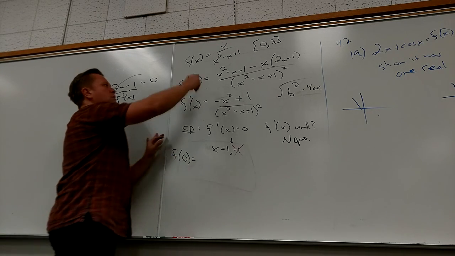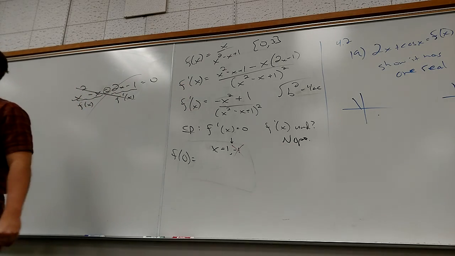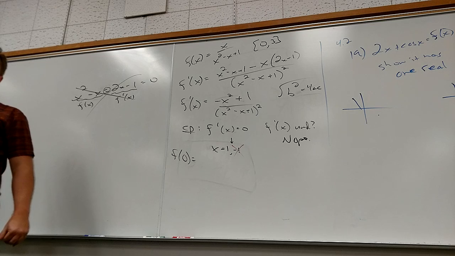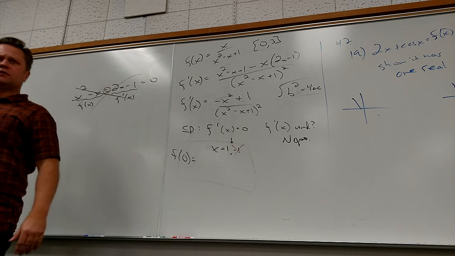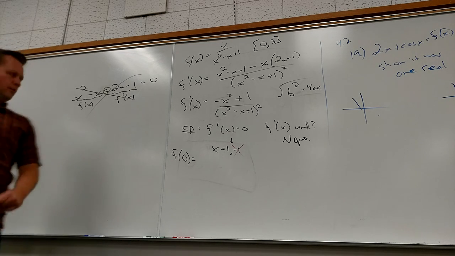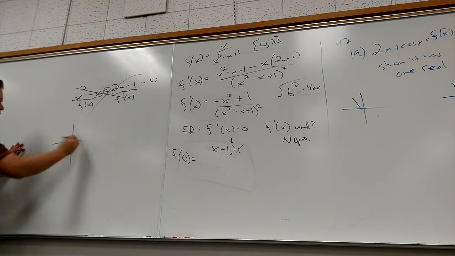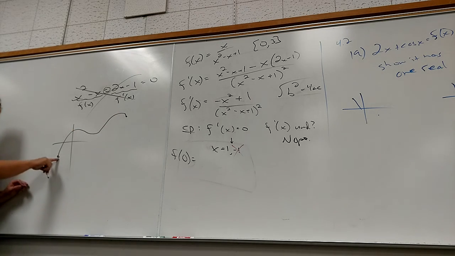If I put them in f prime, why does that not have anything to do with the max or min? It would tell me the slope at the endpoints. It doesn't tell me who's the highest and who's the lowest. That doesn't make any sense. I mean, what's the slope here?